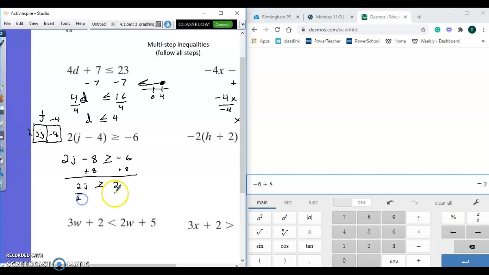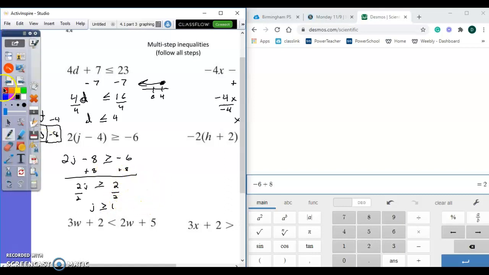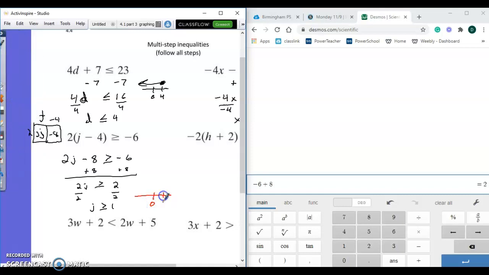Divide by 2 now. So j greater than or equal to 1. 2 divided by 2 is 1. So the number line here, label 0, label 1, closed circle above the 1, j is greater than, so it's going this way.